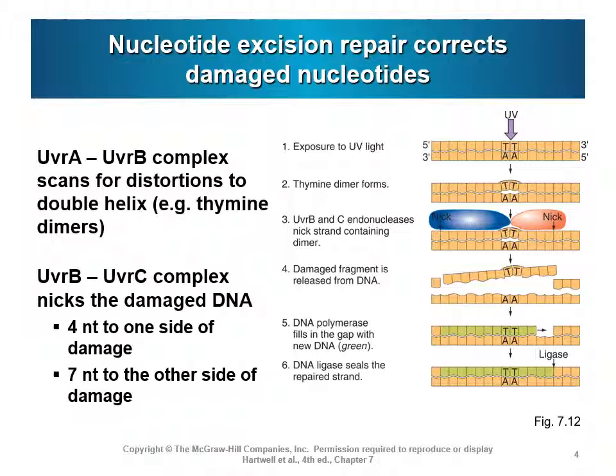When it recognizes them, then the UvrB, UvrC complex, which is also triggered due to UV radiation, gets activated, and it comes and nicks the damaged DNA. From the damaged part, it nicks 4 nucleotides away on one side and 7 nucleotides away on the other side, and it removes that portion of the DNA sequence.